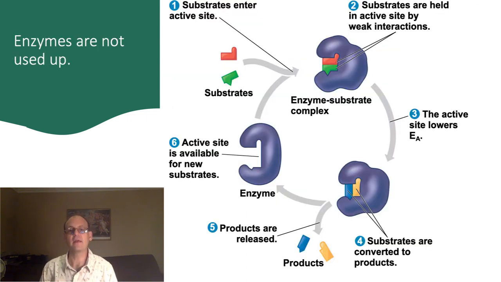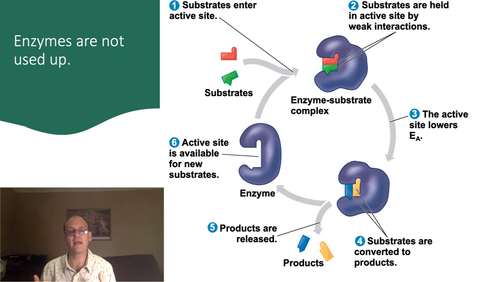So let's summarize how an enzyme works. Initially, substrates enter the active site of the enzyme, and the active site changes shape to accommodate them. The enzyme substrate complex reduces the activation energy, and reactants are converted into product. Once this has happened, the products have a lower affinity for the enzyme, and the enzyme releases them.